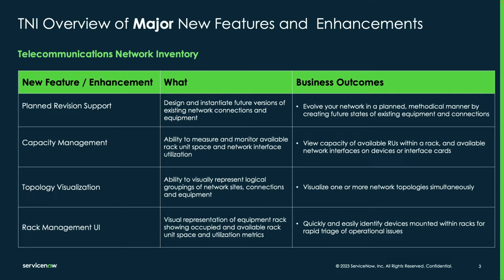Topology Visualization is now available in Network Inventory, the ability to create network topologies and then a UI specifically to render those topologies. We've also introduced rack management capability, a UI that shows the front and back of equipment racks with the ability to drill into those racks to get additional detail on the equipment that's mounted there.